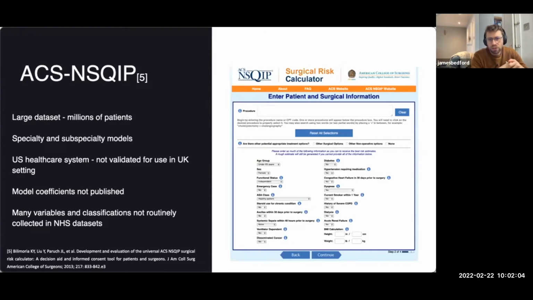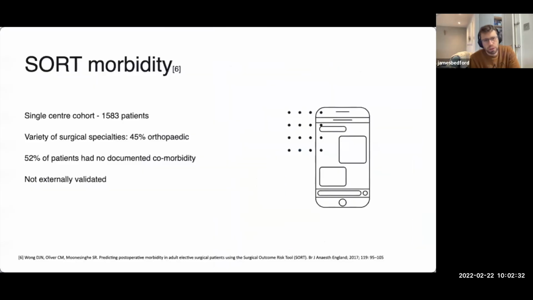They haven't published the coefficients, so it's difficult to calculate an NSQIP risk for a large cohort of patients without going through and doing it manually in their calculator, which just isn't feasible for a project like PQIP. Also, many of the variables included in that model, and the classification of those variables, are not necessarily how we collect data within the NHS. So it's not really one that you can just pull and use.